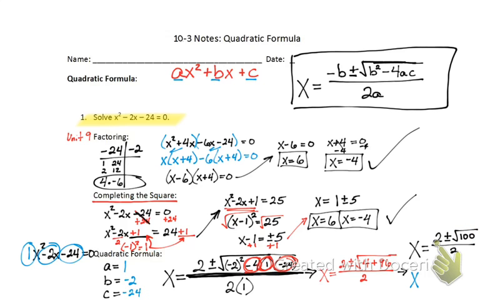So I'm going to have x equals 2 plus or minus 10 all over 2. And now at this point, this is where you give me your final answers to the problem, which we already know, but this is where you say, okay, what is 2 plus 10? Well, that's 12. I'm going to erase the original part here so I can show this over here.